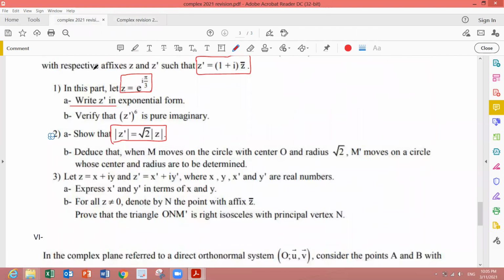Deduce that if M moves on a circle with the center O and radius radical 2. M belongs to a circle of center O and radius radical 2 means OM equals radical 2.